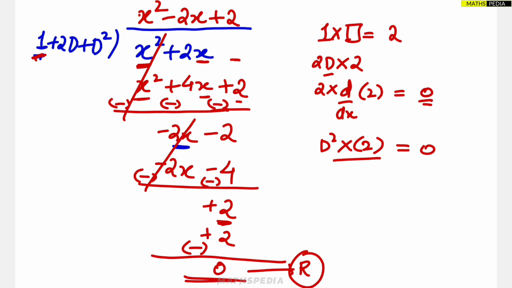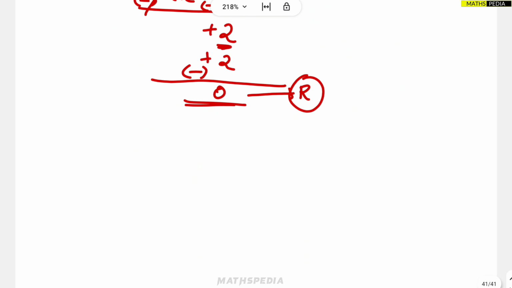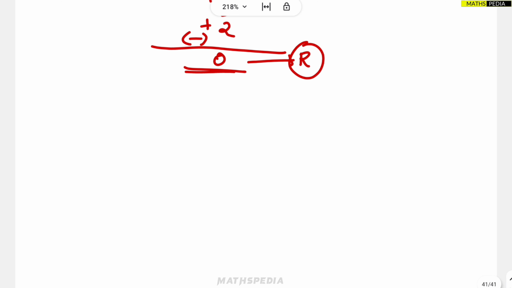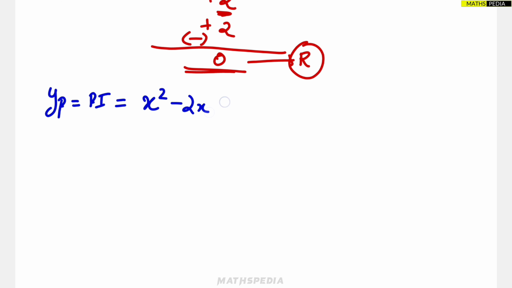Now as I said before, what is the particular integral in this? The quotient, whatever is there, that will be the particular integral. So x square minus 2x plus 2. So yp you can directly write, which is nothing but the particular integral, x square minus 2x plus 2. Done.